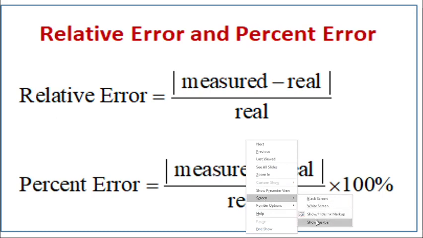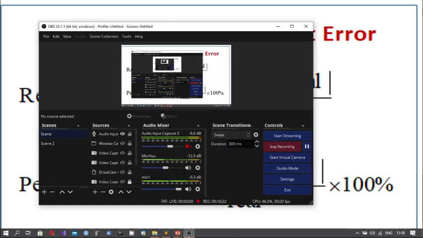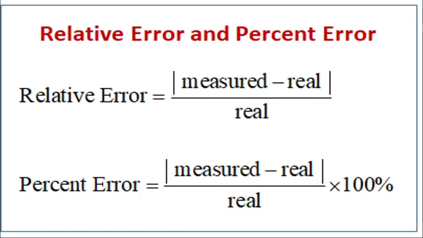Now, this is the formula for relative error and percentage error. What is relative error? It's a fraction. Can you now see the reason why we make reference to fraction? It has to do with what? Measured value minus real value. Let me give you one very important key about this fraction.